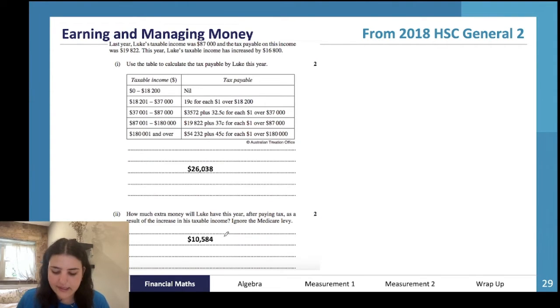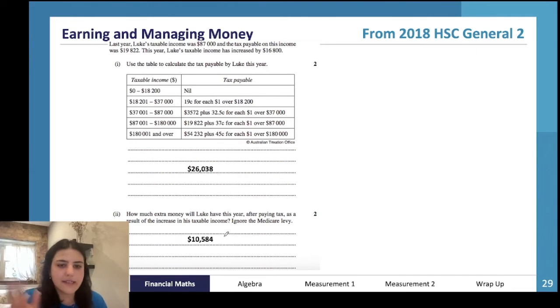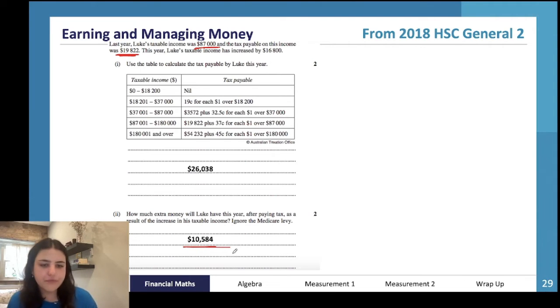That gives us $77,762. And we actually have an extra, what was the amount that we just worked out? Like 6,000 and something. And we add that to that. We compare that to the 87,000 minus 19,822 from last year. We end up with a difference of 10,584. So that's how you'd work the second part out.